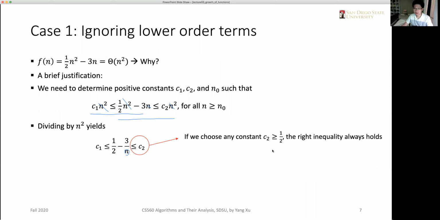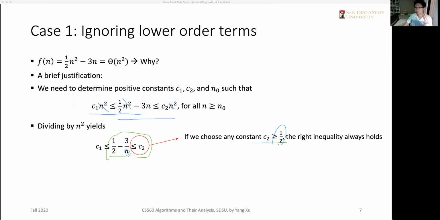And we can further choose any constant C2 that's greater than 1/2, right? By the observation, we can show that this right half always holds if C2 is greater than 1/2, right?